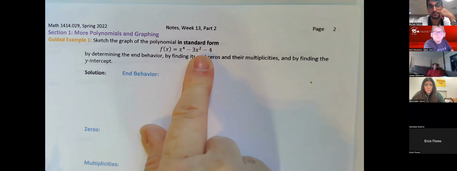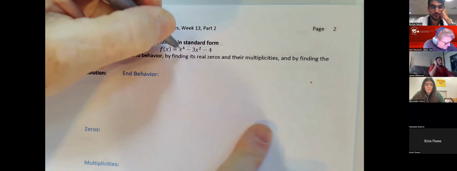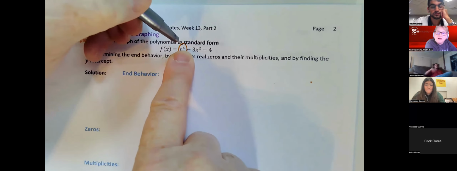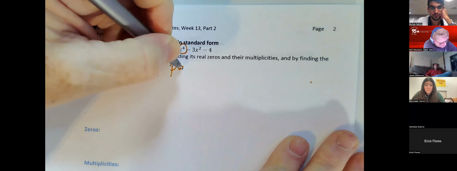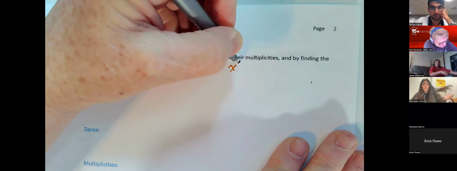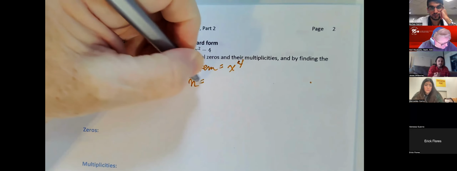That means that we know some things more easily than in factored form. We know that this first term, the term with x to the highest exponent, is going to be the power term. What is n then?